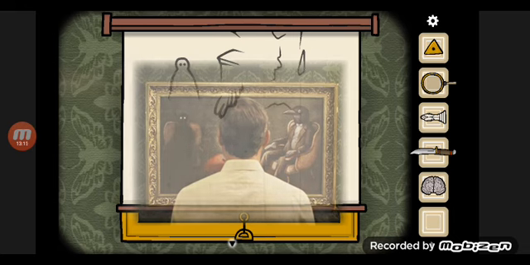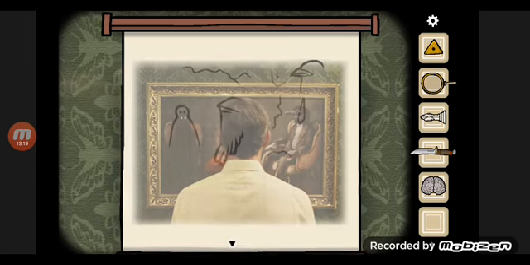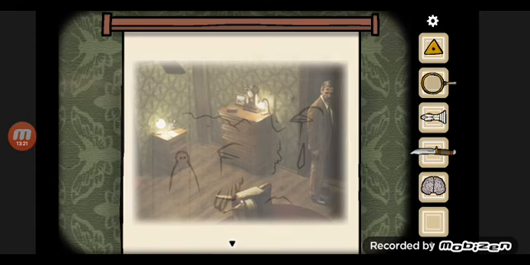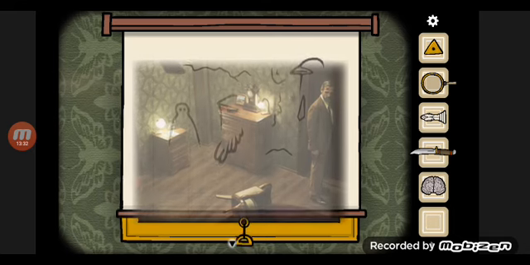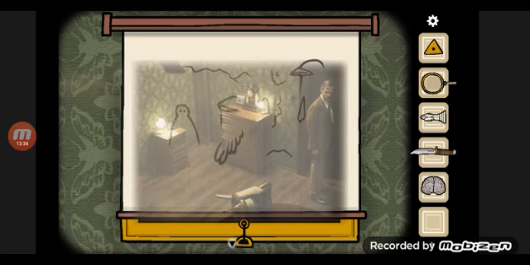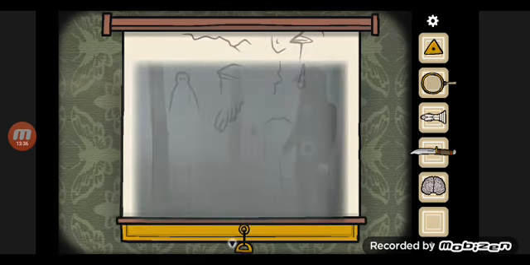For the next frame we combine the drawing of the dark silhouette and the silhouette itself. Next we connect the corner of the chest with the drawing of drawers.